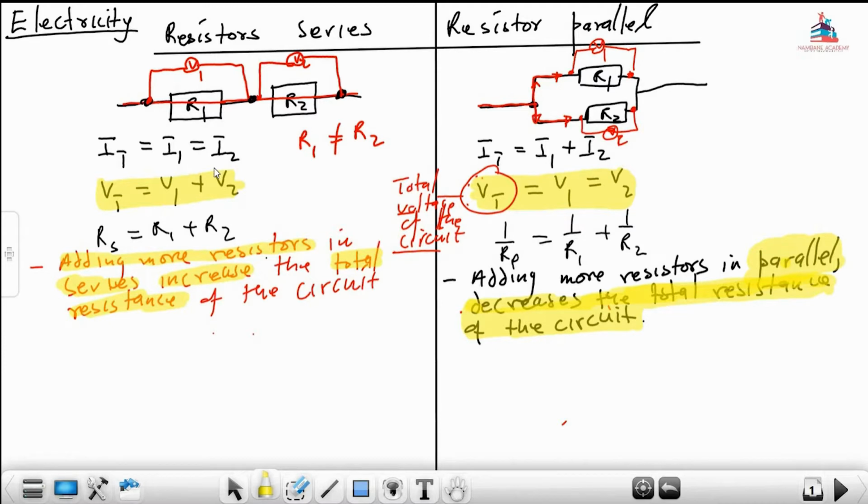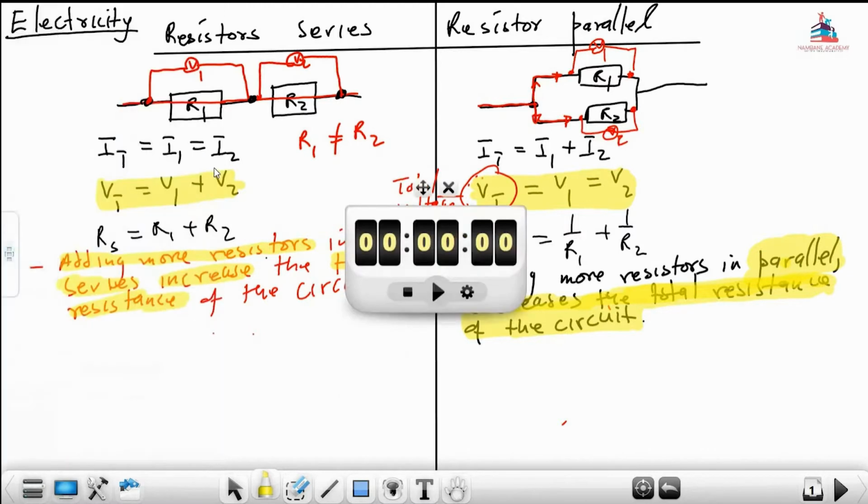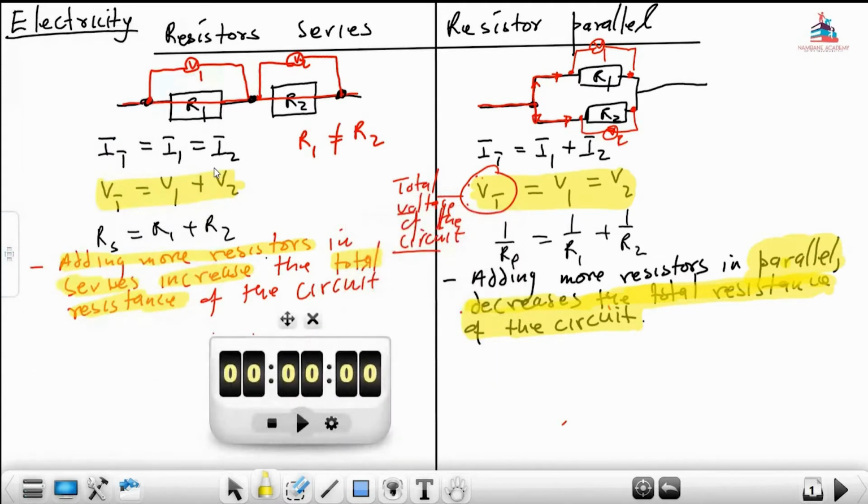If there is a parallel circuit, this is the way to go about it. But remember, in an exam, you will be exposed to a combination of the two. Once we have the combination of the two, there will be hints as to how to go about that. So I'm going to give you some time, something like 50 seconds, for you to digest this. And if there are any questions, you can feel free to ask.